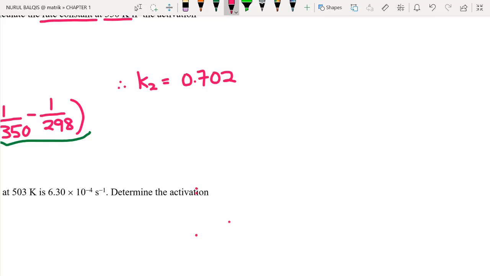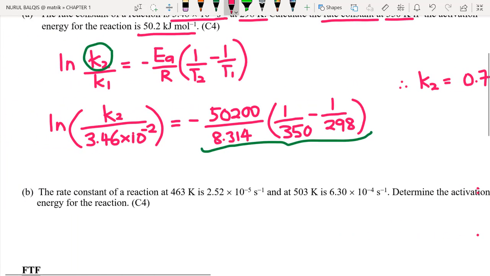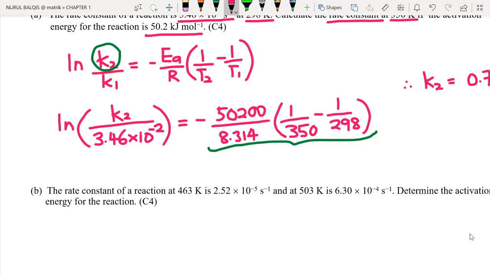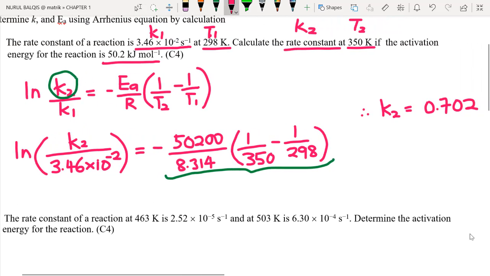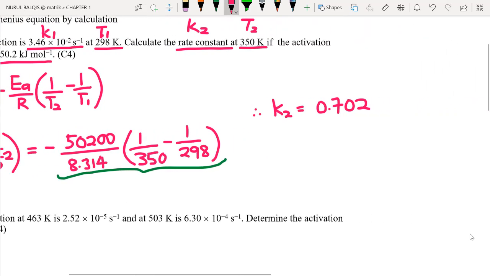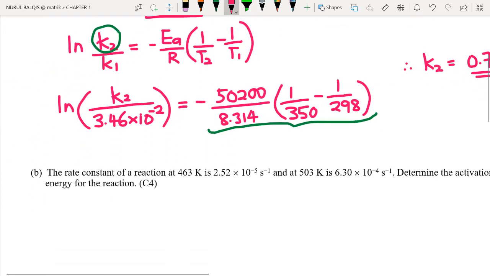What about the units? Let's check. Since our K1 has the unit of per second, our K2 is also going to have per second as the unit. Moving on to the next question, B.